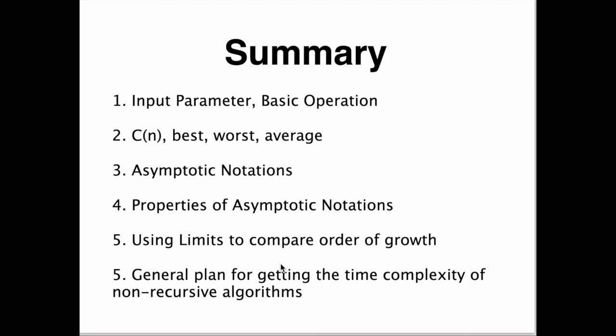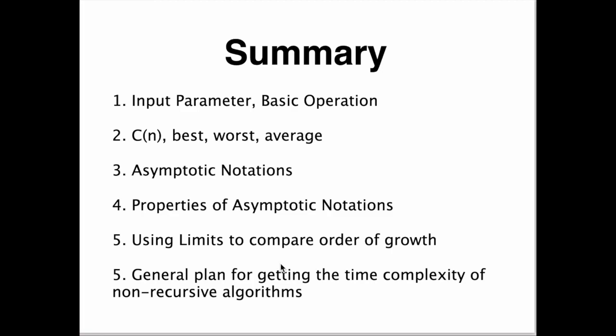We also introduced the limit rule, which can be used to compare the order of growth of two functions, f of n and g of n. So basically, we need to review the properties needed to compute the derivative of different functions, so that we can determine if one function is larger compared to the other or grows faster compared to the other.